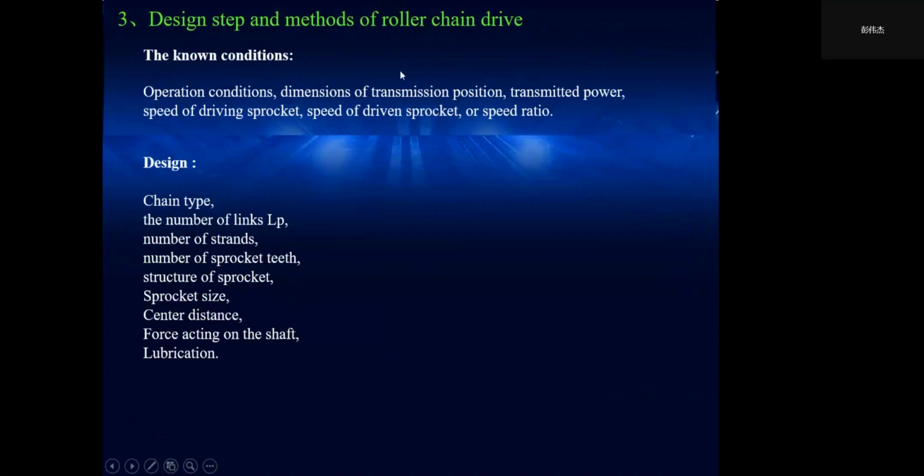And we should design the chain type, the number of links LP, the number of strands, the number of sprocket teeth, the structure and size of sprocket, the center distance, and we also calculate the force acting on the shaft and determine the lubrication mode. So this is the content for design.